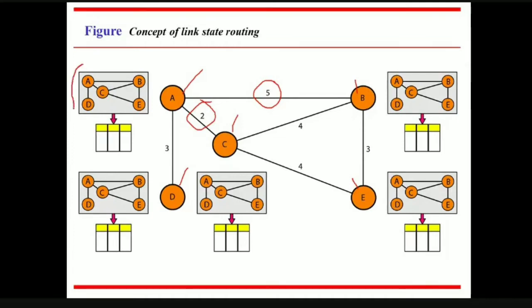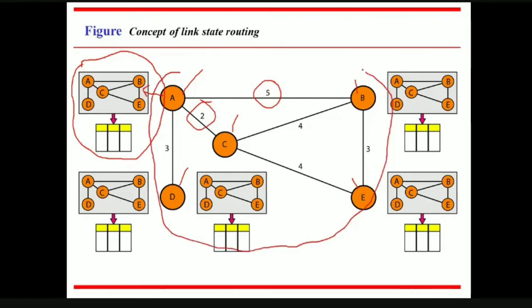Observe that node A contains the complete topology. This complete topology is maintained by A, and by D, and by E. This is the main difference between the link state routing algorithm and the distance vector routing algorithm.